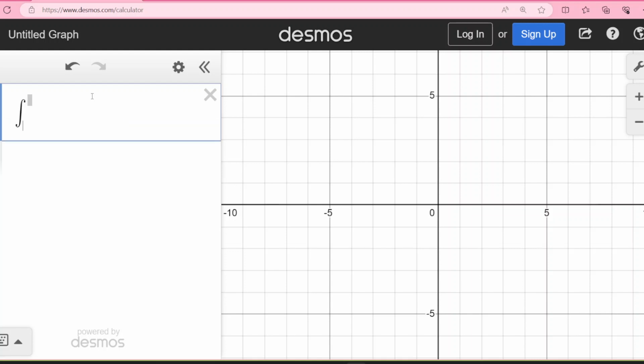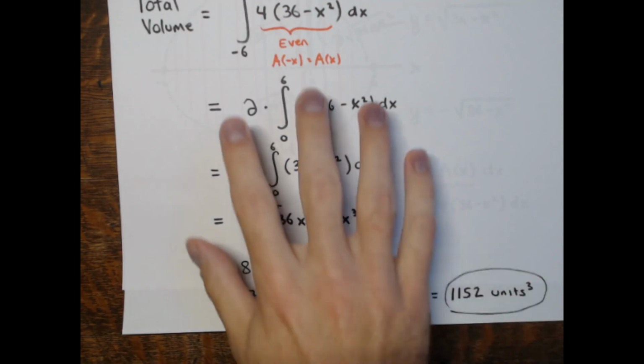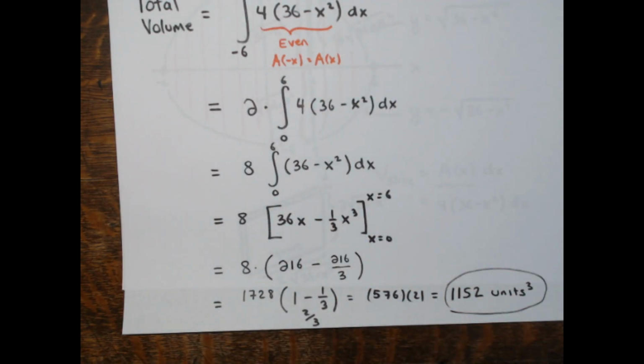I just hit int, and I'm given a definite integral, and I can just put in the original one I had, -6 for the lower limit, 6 for the upper limit, and then 4 times the quantity 36 minus x squared times dx for my integrand. And you see it's 1,152 cubic units, which is what I got when I did it by hand, 1,152.